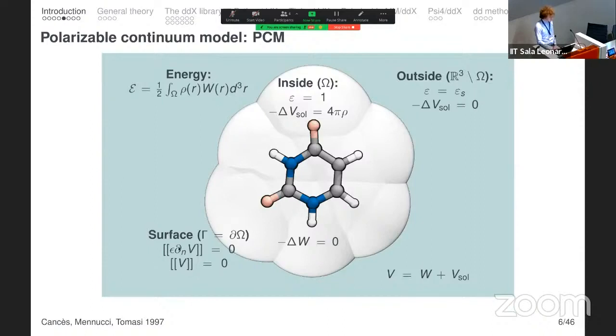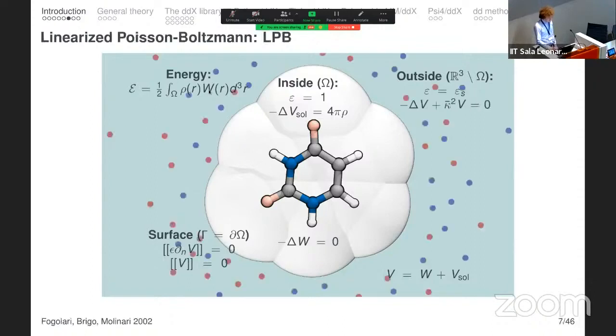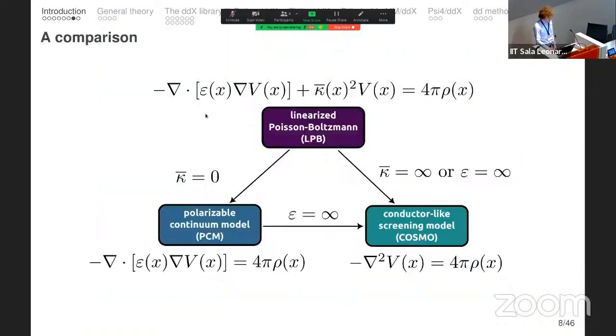But once again, we can solve for the reaction potential, and once we have it, we can compute the energy. And finally, we can also add ions, some Poisson-Boltzmann ions, to the solution. And we already saw this earlier. We have, again, the Poisson problem inside, and we have a screened Poisson problem outside, and those are coupled by the jump condition, basically. And we can, once again, find the reaction potential and then compute the energy.